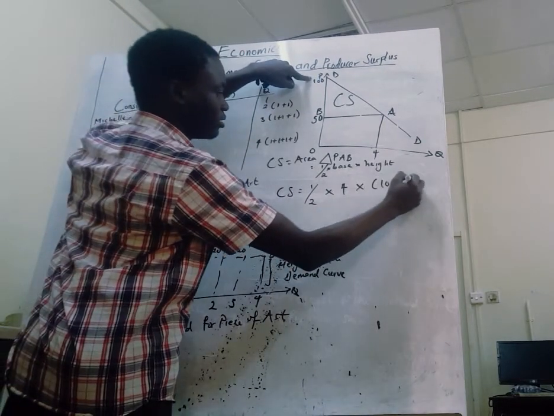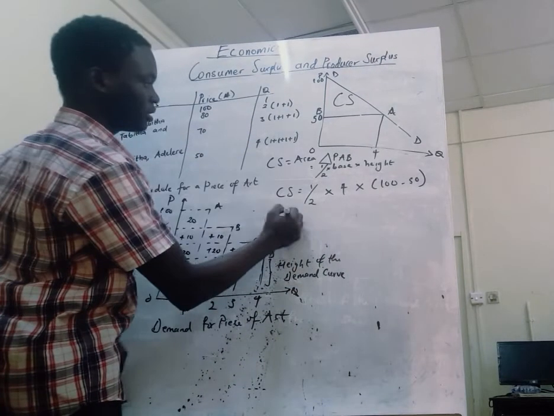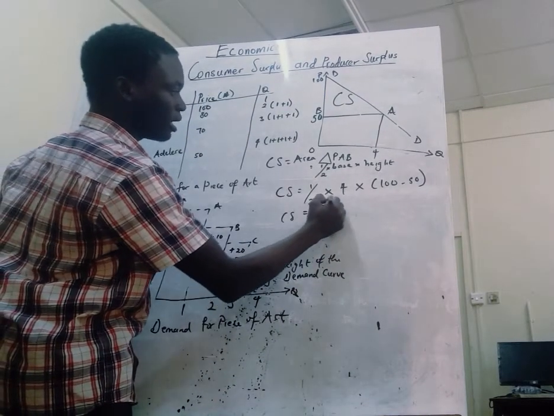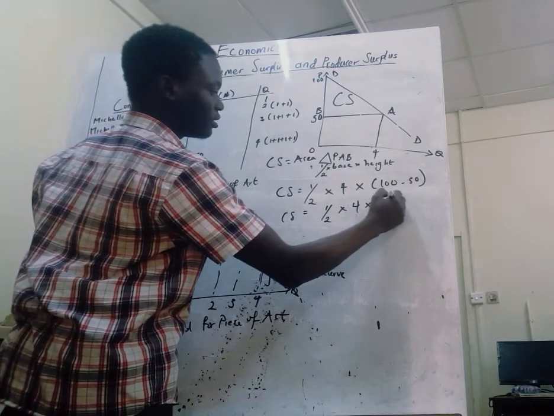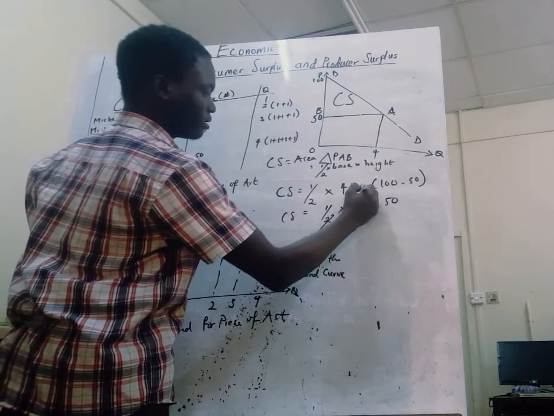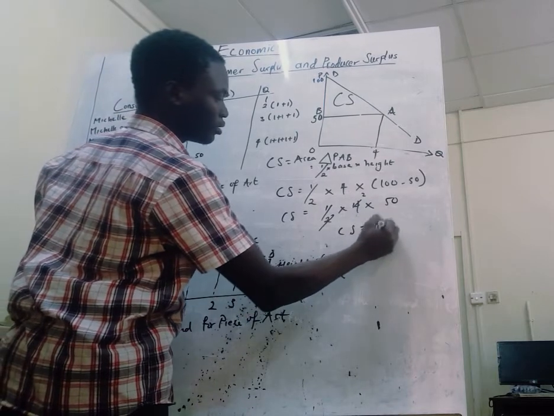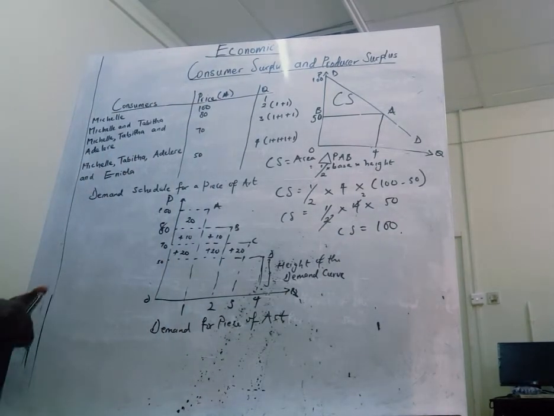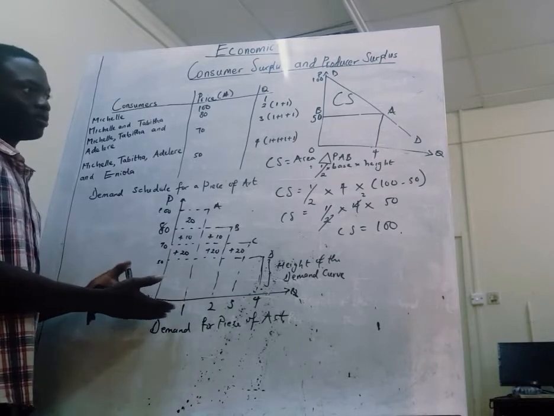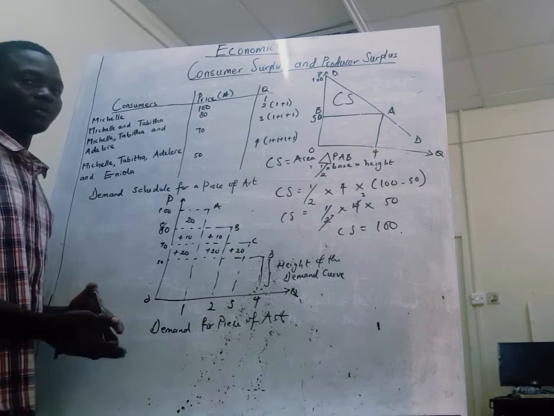So CS is equal to half times 4 times 50, and CS is equal to 100. So simple. We got 100 the former time, and we are getting 100 again. You don't always have to go through this rigorous process. Just do half base times height, and you are good.